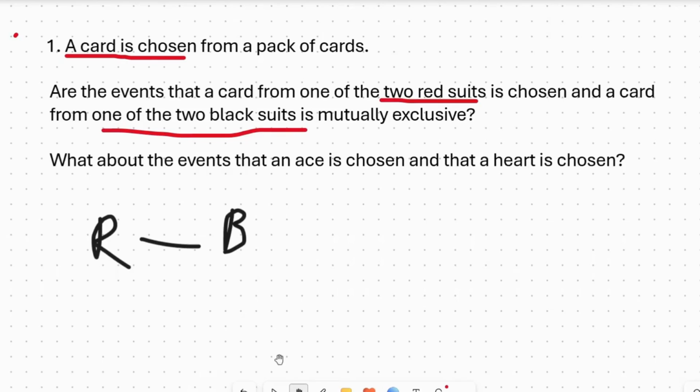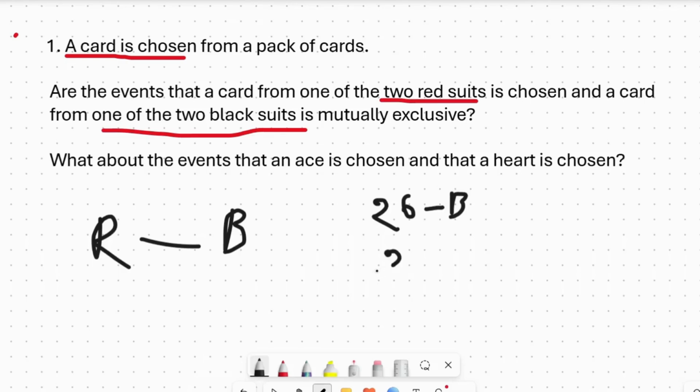We know there are 26 black cards and 26 red cards. So if we pick up a card, it can be red or it can be black. These results are not dependent on each other, so there is nothing in common between red and black. So this is mutually exclusive.